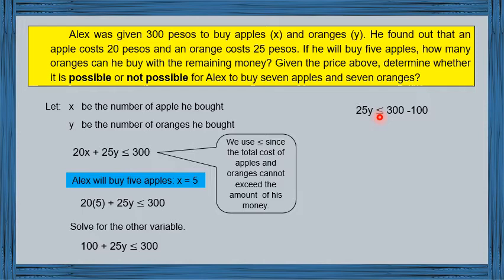So that's 25y less than or equal to 300 minus 100, and then 25y less than or equal to 200. How does it become 200? 300 minus 100. And then we're going to divide both sides by 25 to get only the y. Then cancel out, and y is less than or equal to 8.